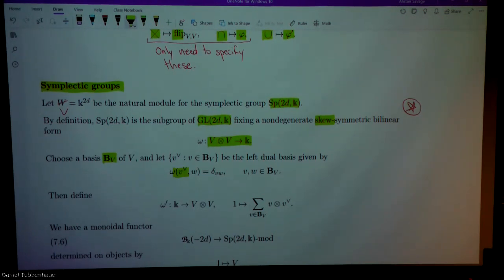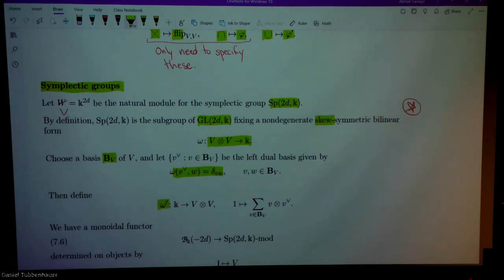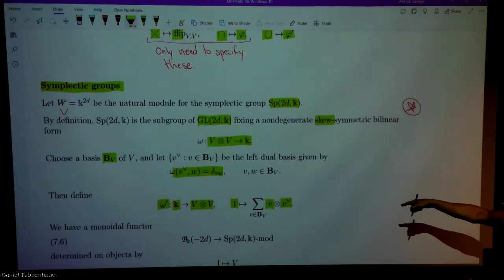By that, I mean this property, that if I put the V check on the left, we get this Kronecker delta. And then I'll define this omega prime, which you should think of as the dual to the skew symmetric bilinear form. It goes from the field to V tensor V. It's uniquely determined by where it sends the identity element, and it sends that to this sum over V tensor V dual. And it's important that I put the dual on the right here.